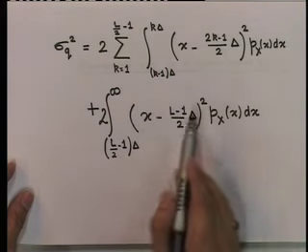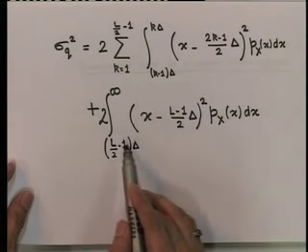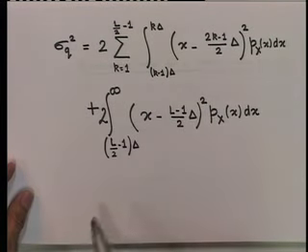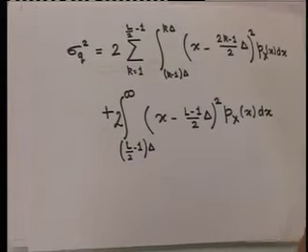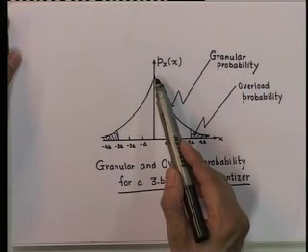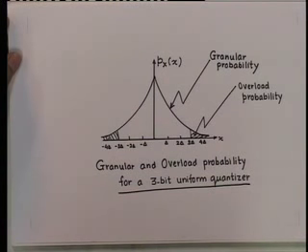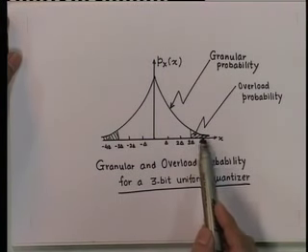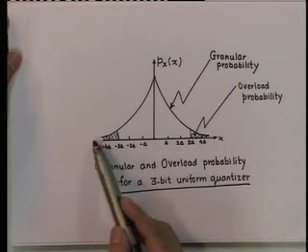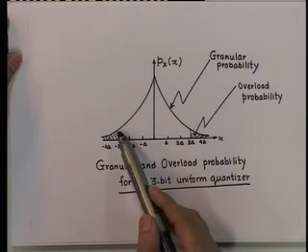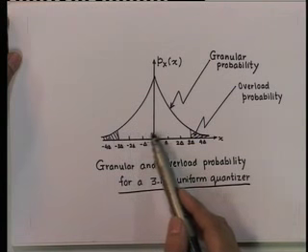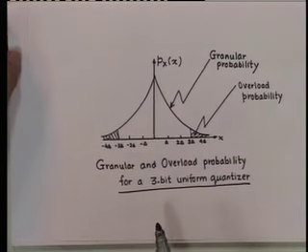The probability that the input will fall into the overload region is called the overload probability. So, if we assume that the input has a probability density function as depicted here, then this region denotes the overload probability and the region here denotes the granular probability.